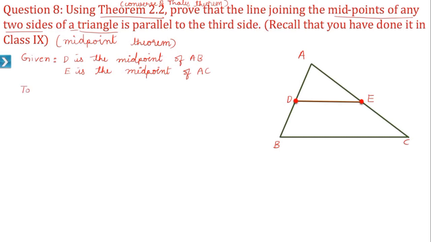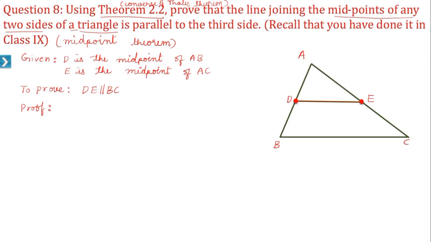Now what we have to prove? We have to prove that line joining the midpoints of any two sides. Here line joining the midpoint of sides is DE. We have to prove that DE is parallel to BC.